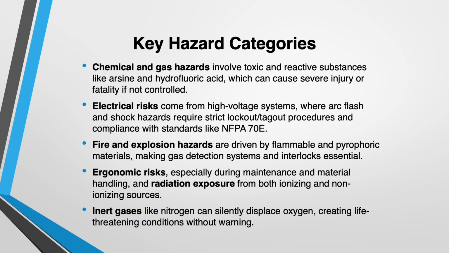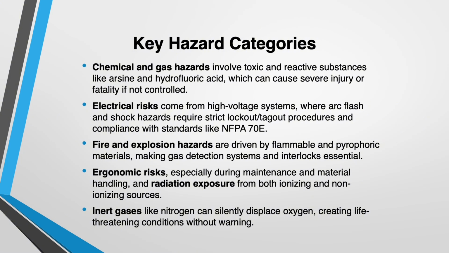Chemical and gas hazards involve toxic and reactive substances like arsine and hydrofluoric acid, which can cause severe injury or fatality if not controlled. Electrical risks come from high-voltage systems, where arc flash and shock hazards require strict lockout-tagout procedures and compliance with standards like NFPA 70E.